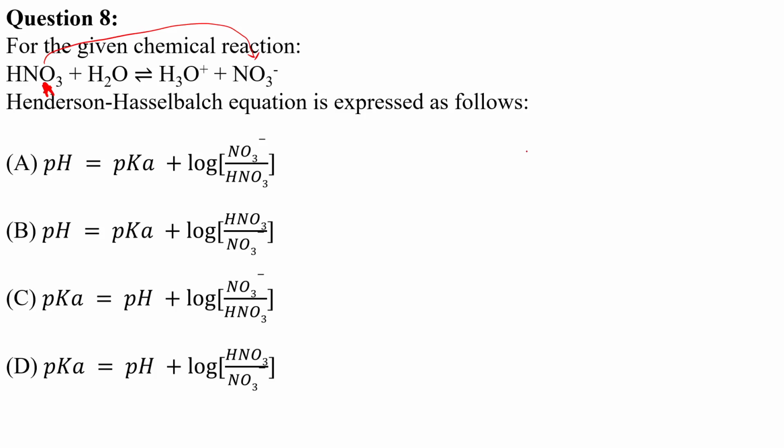Any Henderson-Hasselbalch equation is denoted as pH equal to pKa plus log of salt concentration divided by acid concentration. So log of salt concentration upon acid concentration. That is why option A is the correct answer.